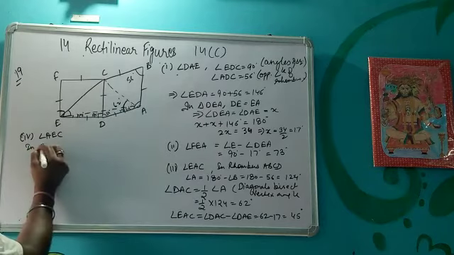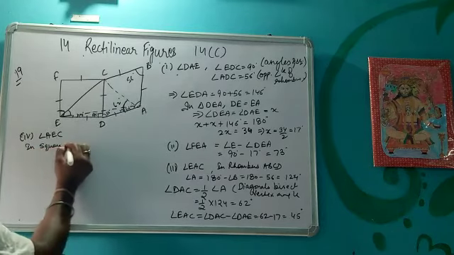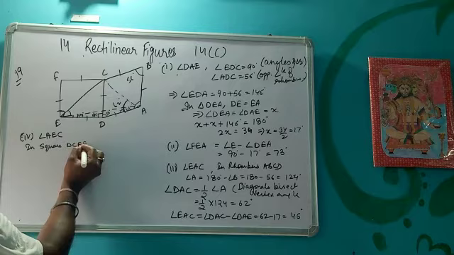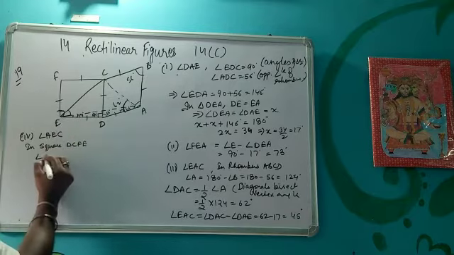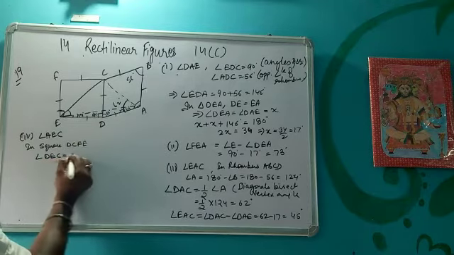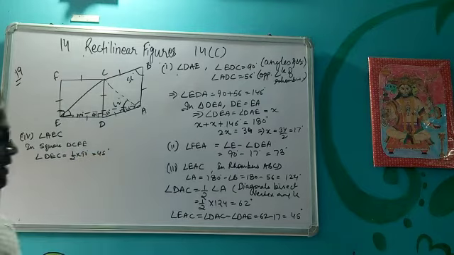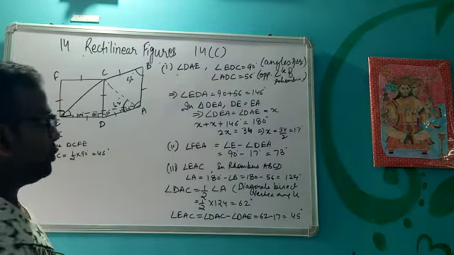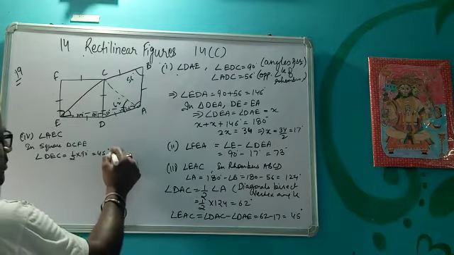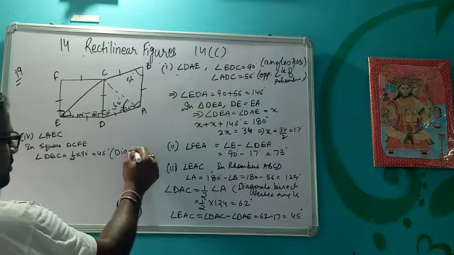In square DCFE, angle DEC will be half of 90 degrees, that is 45. In case of a rhombus as well as a square, diagonals bisect the base angle.